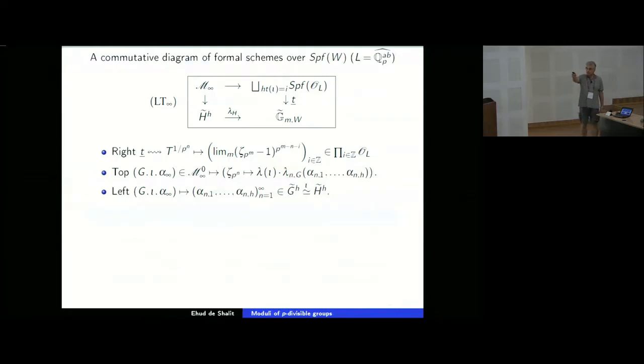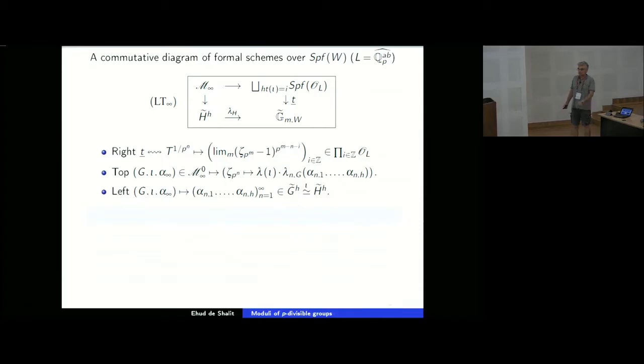But the level infinity structure gives you, at each finite level n, alpha n1 up to alpha nh, which are the bases, so to speak, the Drinfeld bases, of the p to the n torsion, obtained as the images of the canonical basis of Z over p to the n to the h. Okay, you have Z over p to the n times Z over p to the n, etc. So you have e1 up to eh, and they map to alpha n1 up to alpha nh. And you can apply to these lambda of G and get a root of unity.